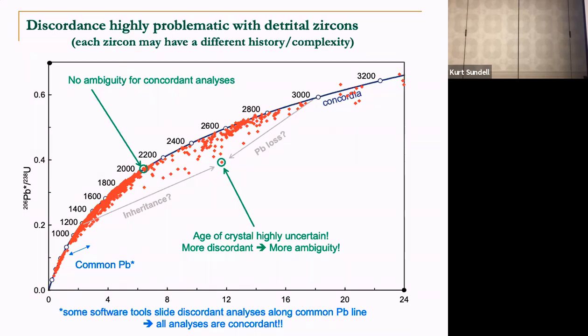You know the age, you feel pretty comfortable with it. What if we have a detrital sample and it looks something like this, right? Well, is this grain out here because of lead loss or inheritance? We don't really know. It's a really discordant, uncertain analysis. So we need to choose basically whether we're going to include all of these grains or whether we're going to cut out the most discordant ones over here and exclude them from our data set.